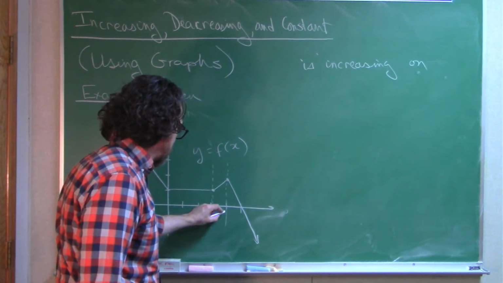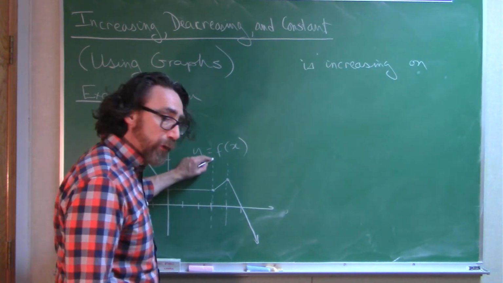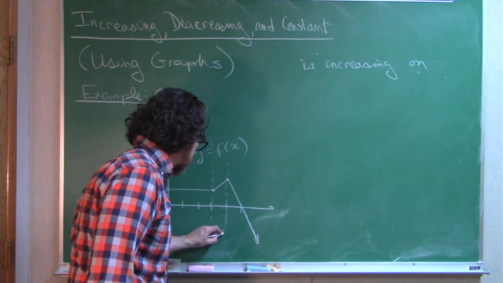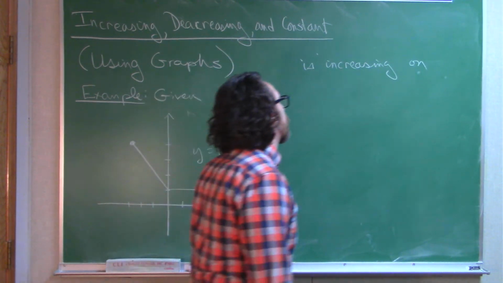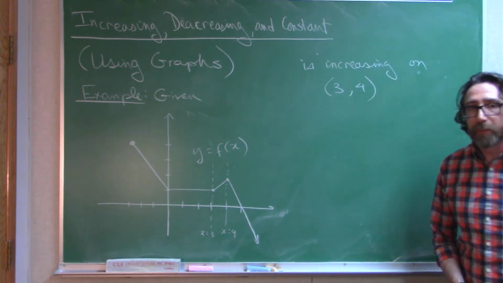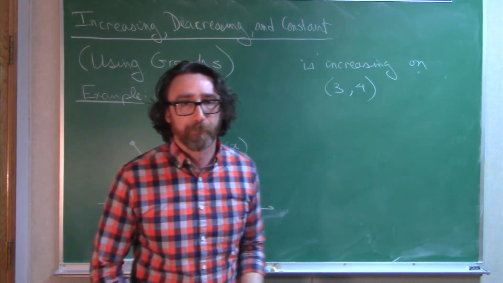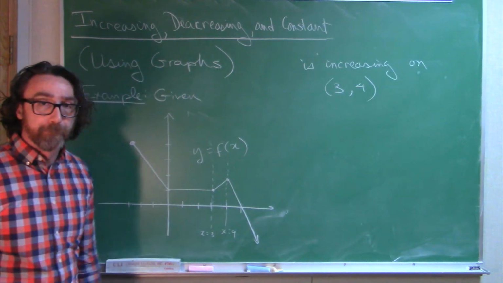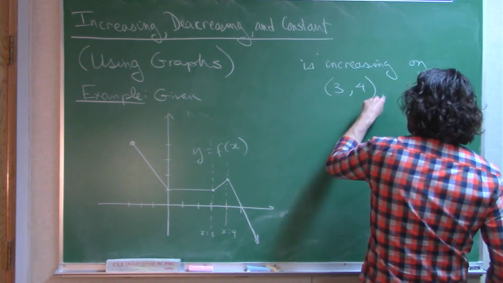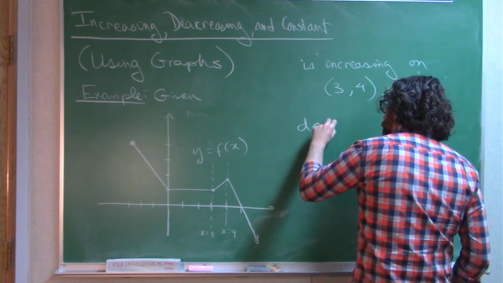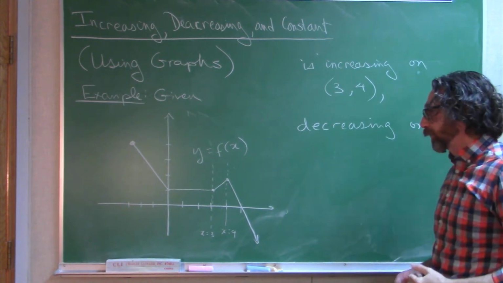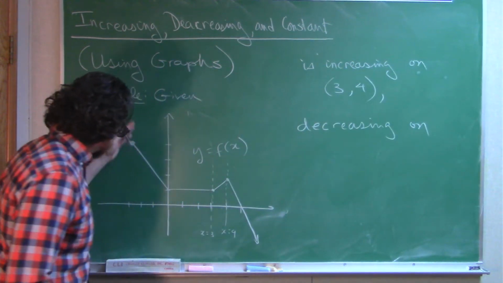Where's this happening? This vertical line is x equals 3. This vertical line is x equals 4. The function is increasing on that interval, sloping up. So the function is increasing on that interval. Now let's look at where it's decreasing.